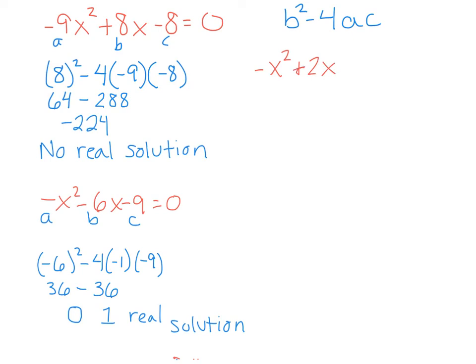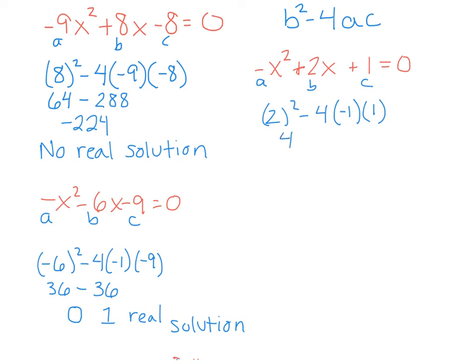Okay, one more. Negative x squared plus 2x, sorry, that's a plus sign. Ooh, that's even worse. Plus 2x plus 1 equals 0. Same process. Here's our a, here's our b, here's our c. So plug this in. b squared minus 4 times a times c.